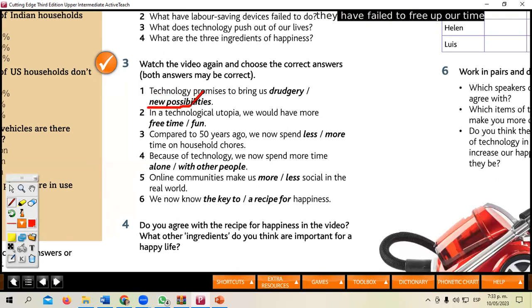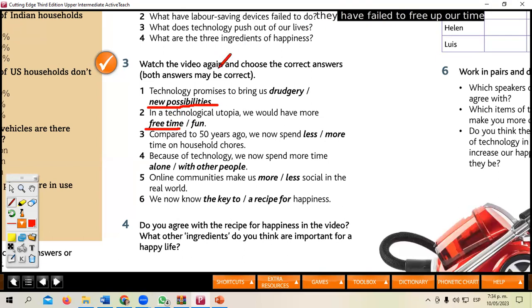Okay, Andres Felipe, the second one. In a technological utopia, we will have more free time. Yes, I think it's free time. We would have more free time. Free time.